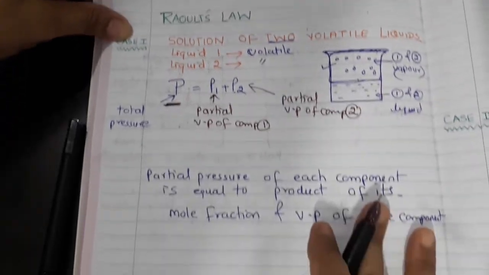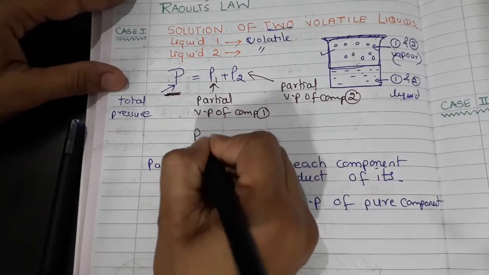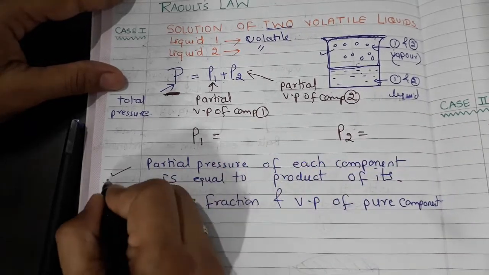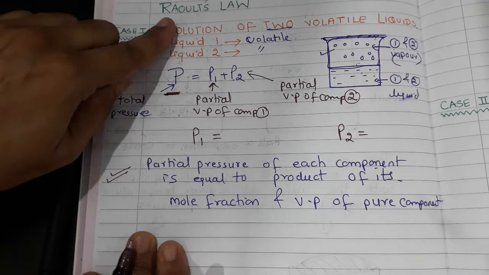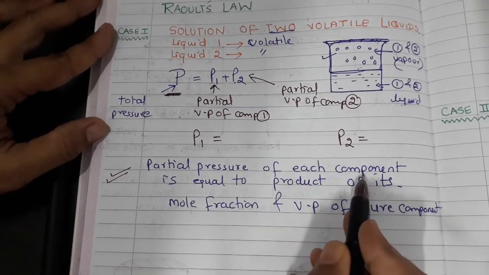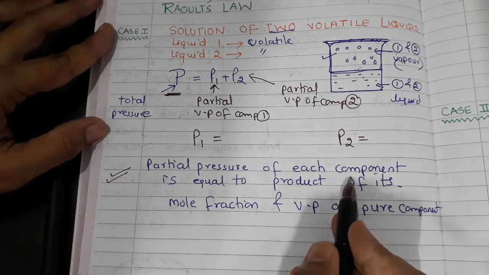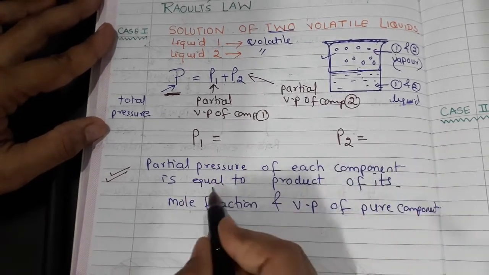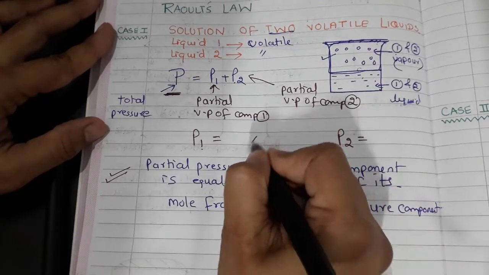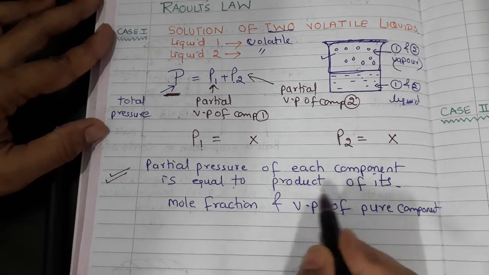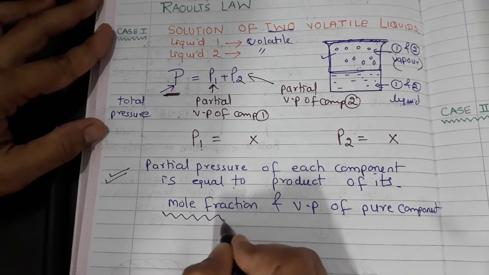Now, how do we calculate this P1? How do we calculate P2? That is given by Raoult's law. Raoult's law states that the partial pressure of each component, means partial pressure of component 1, partial pressure of component 2, is equal to the product of two quantities.